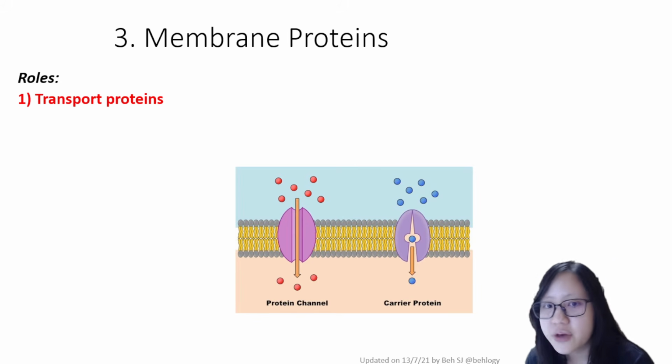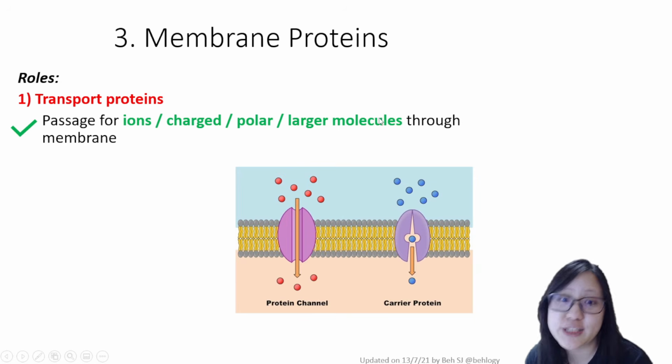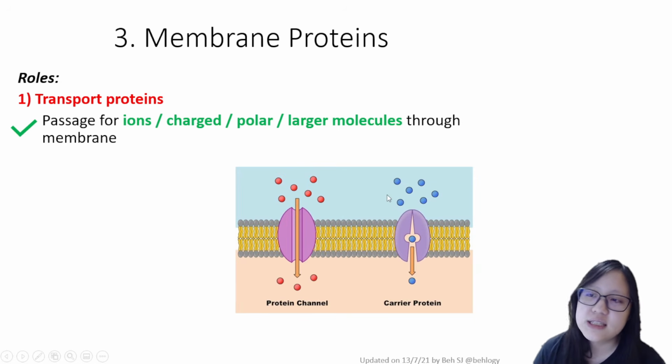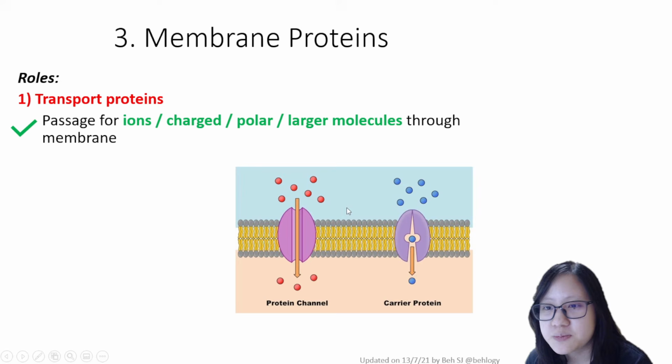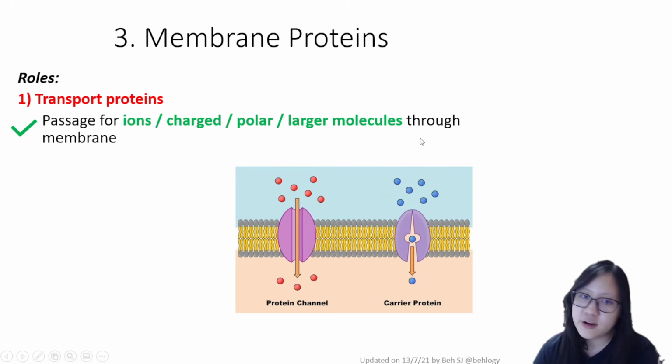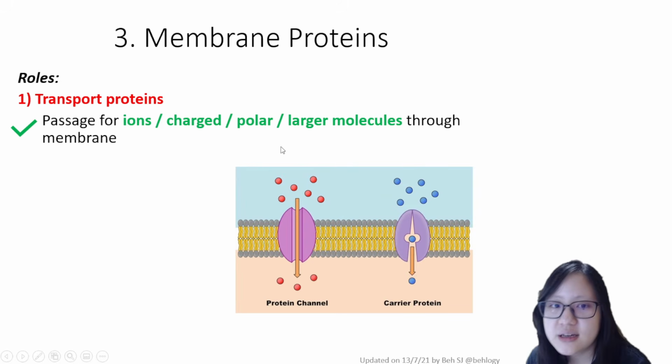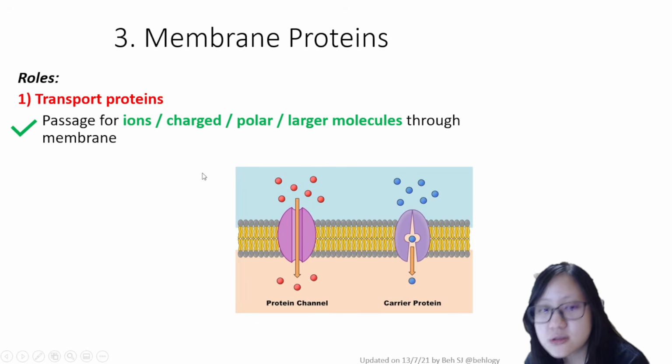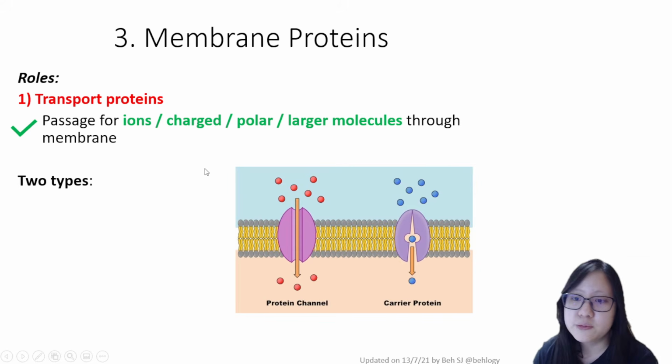Now, one of the most famous roles we all love is transport proteins, and you should be familiar with this term already. Because the phospholipid bilayer is partially permeable, you do need transport proteins to allow passage of ions, charged, polar or larger molecules through the membrane. These cannot pass through the phospholipid bilayer, so they require transport proteins.